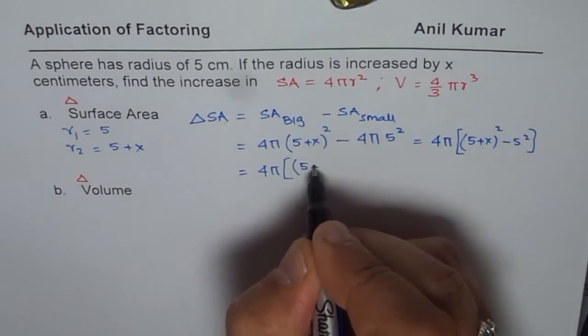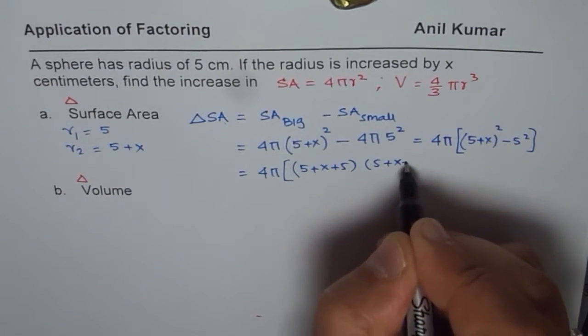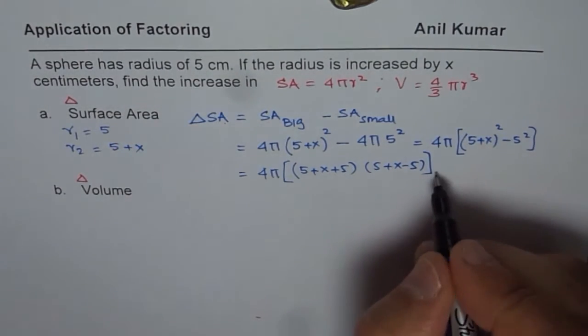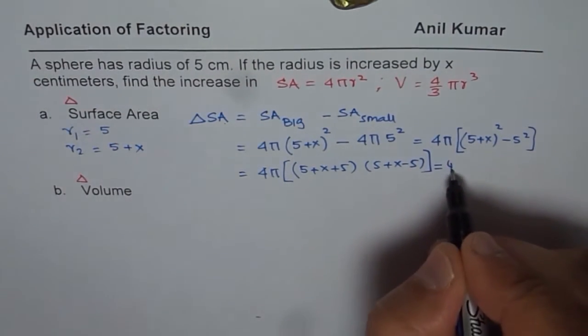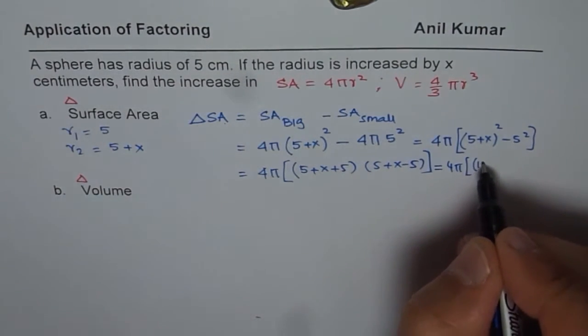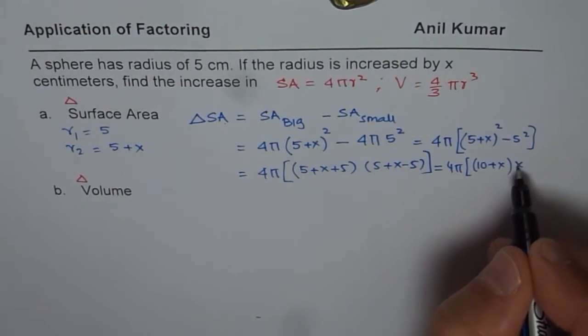So we get (5 plus x plus 5) times (5 plus x minus 5). If you solve it, you get 4 pi within brackets, 5 plus 5 is 10, so 10 plus x, and 5 minus 5 is 0, so you get x here.